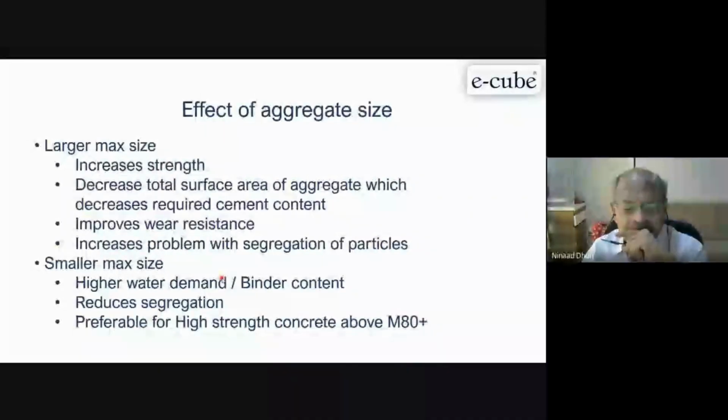Certain guidelines are available, but those guidelines only give you a particular direction. Ultimately, as an engineer, you must take care or decide how to go about proportioning. When we discuss mix design, we'll discuss this in detail.